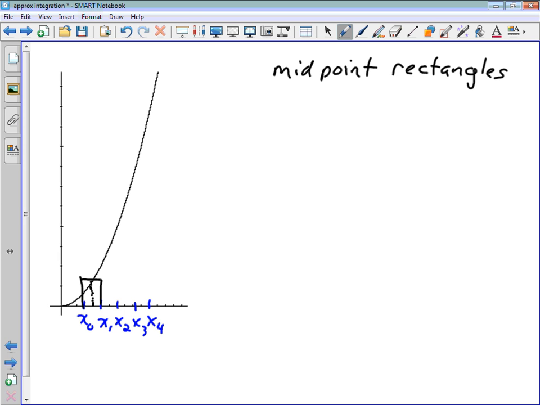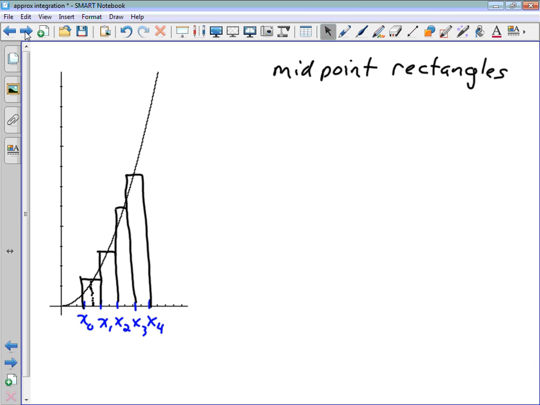So again, we're going to come up here, and we're going to draw something that kind of looks like this. And this one will kind of go like this. So right in the middle of each of these rectangles is where it crosses the curve.